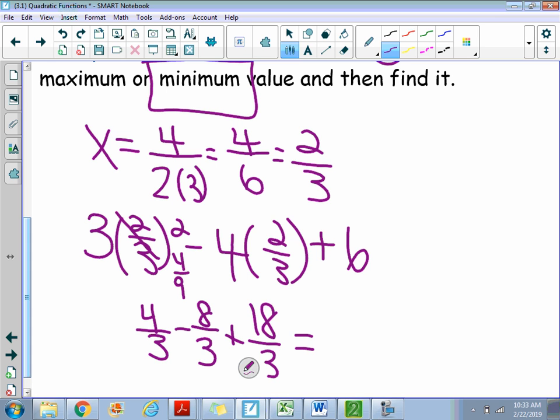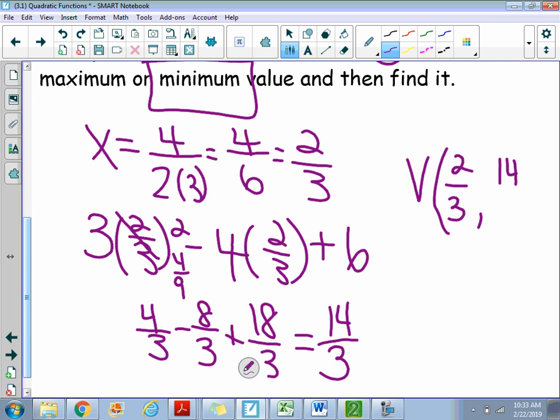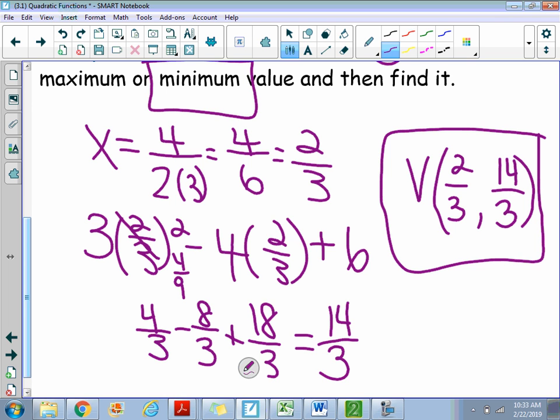Put it all together, you got it. So the answer for the vertex would be (2/3, 14/3). All right, questions? Just kind of bringing together a bunch of stuff here. Yes, put it all together. It's like a puzzle.